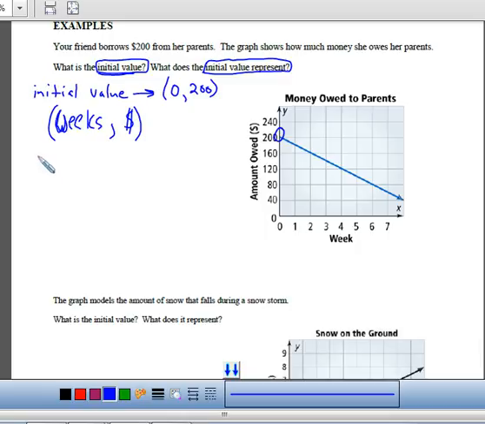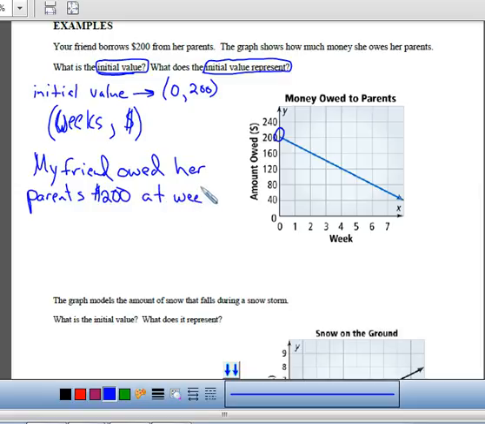So my friend, or you can say your friend, owed her parents $200 at week 0. Alright, pretty simple. I think this will make a lot of sense.